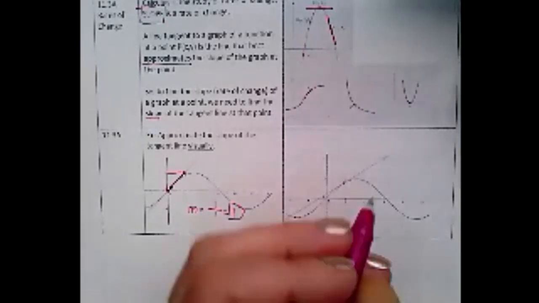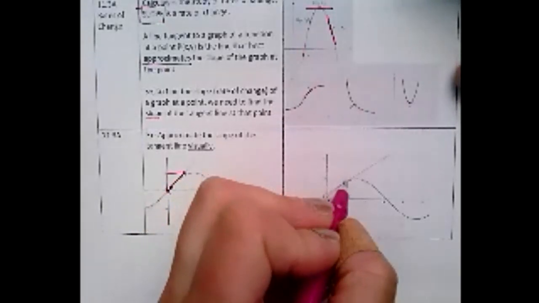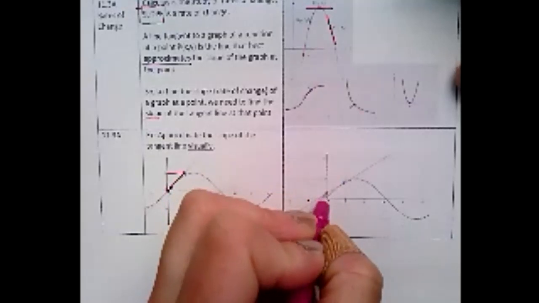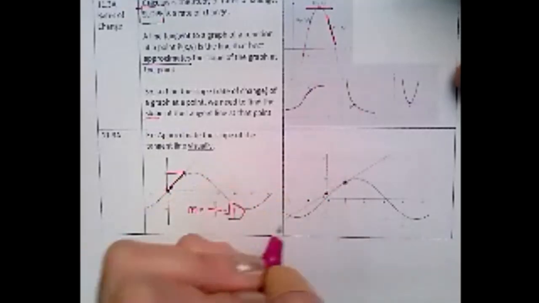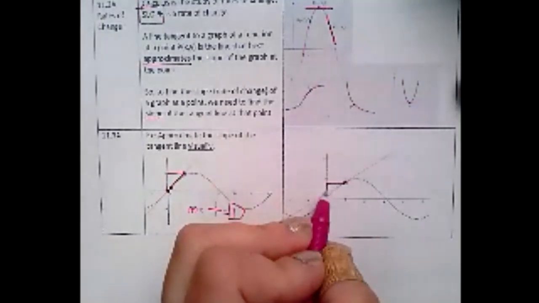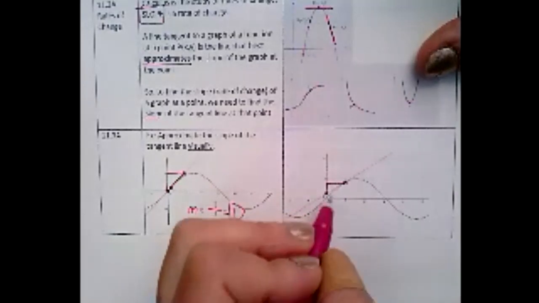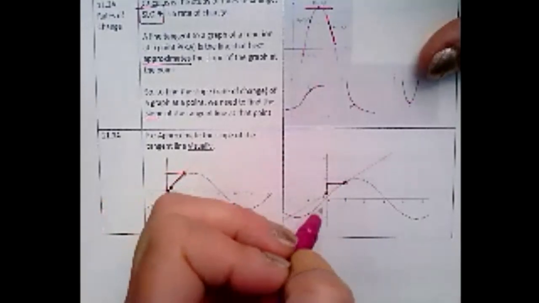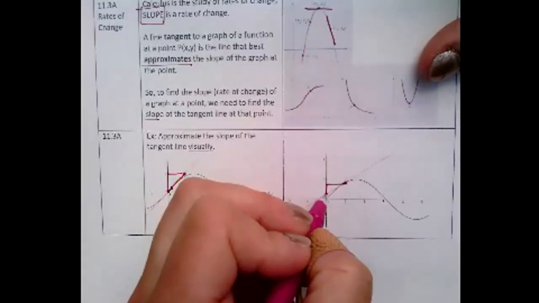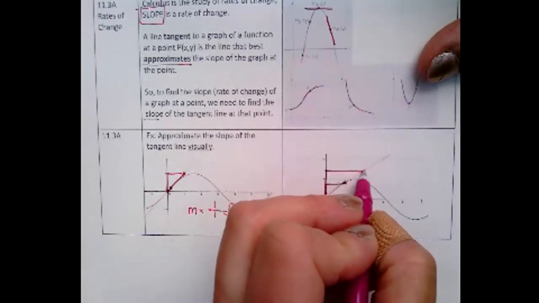All right, let's take a look at this next one. I'm going to look here and here for this tangent line. I'm going to go up about that much and over about that much. Looking at this, that kind of makes it hard. I like to have my numerator be a whole number, so I'm going to go up 1 and then go over to there.